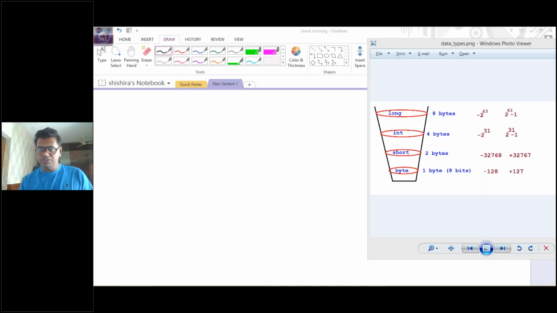Something is visible now, the screen. There should be some problem with this camera, I believe. Whoever can see me, observe. Whoever is not able to see me, just go through my audio. Maybe it's a network issue from my side. I'll continue now. Mute yourself. I'll repeat this entire thing.